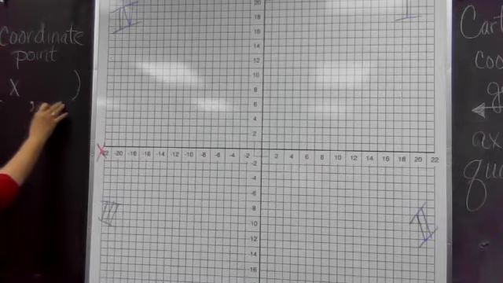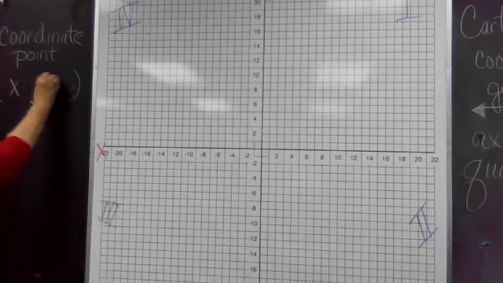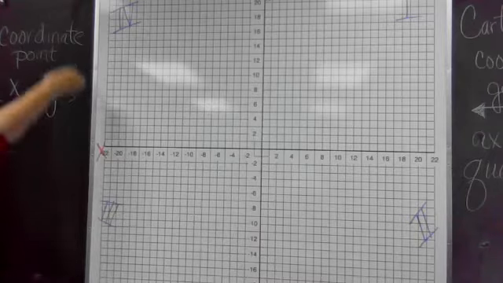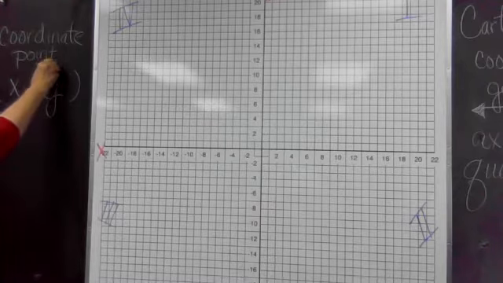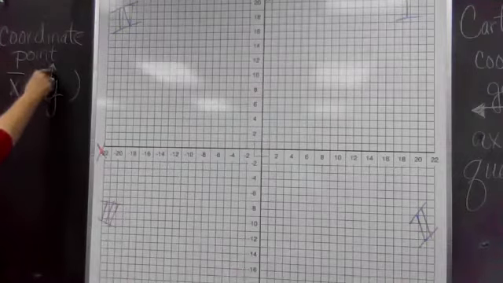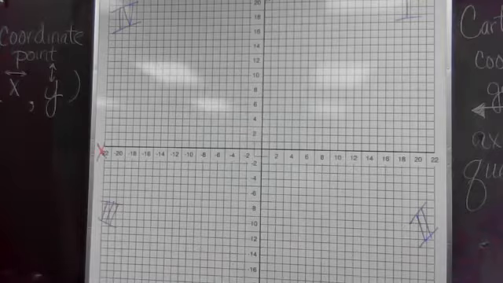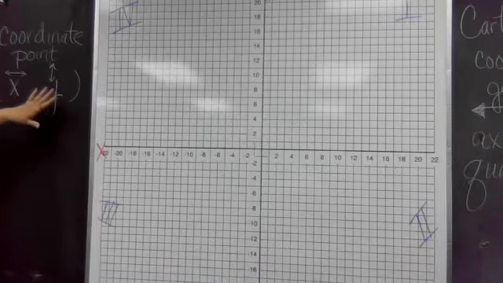But your address is not complete until you tell them how many blocks you have traveled up and down, or in the y direction. This is the horizontal direction that you would be moving, vertical, I'm so sorry. And this is the horizontal direction that you'll be moving. The x is always first in a coordinate point and the y is second.